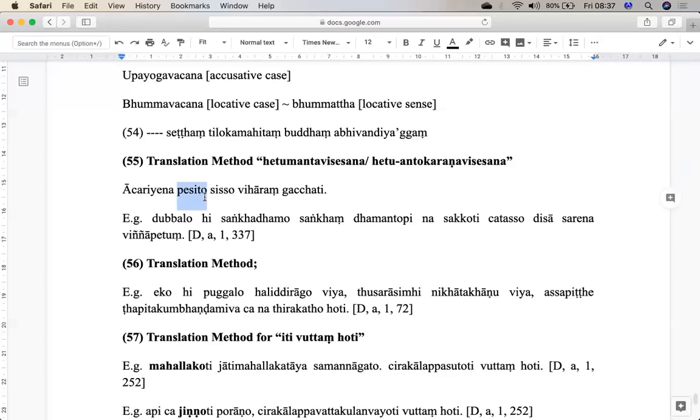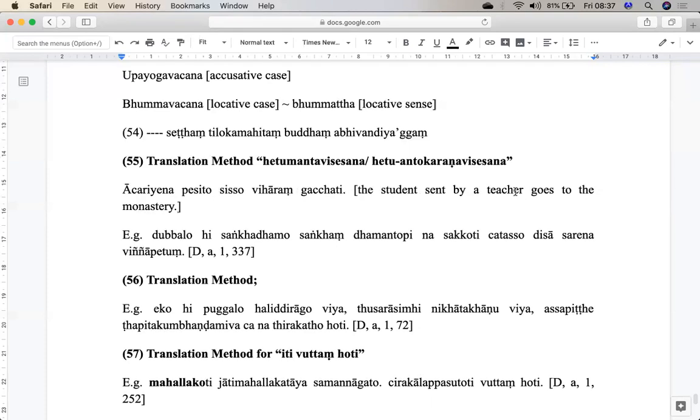Goes to the monastery. In this translation it is very easy to understand: a student sent by a teacher goes to the monastery.